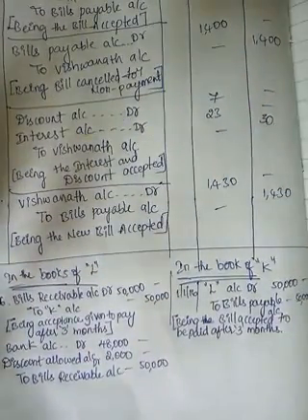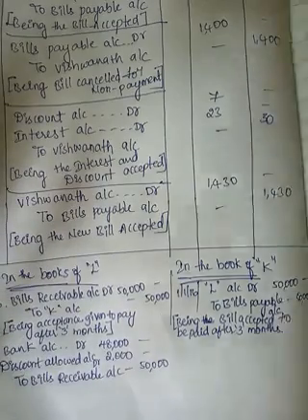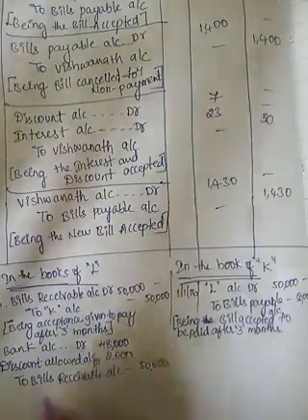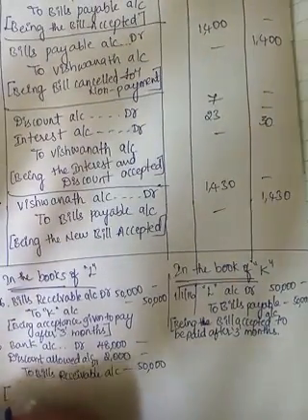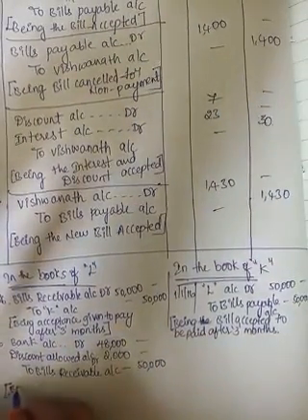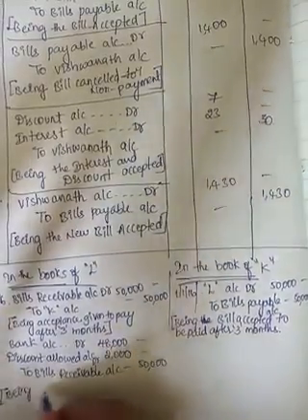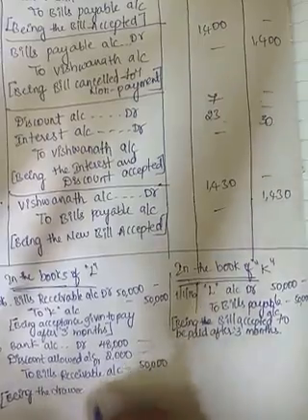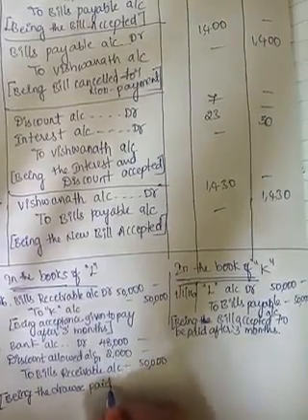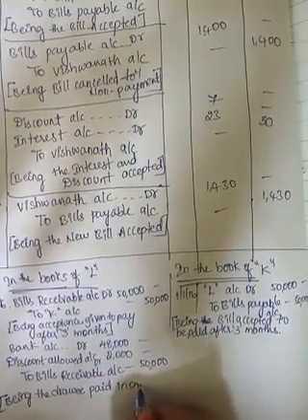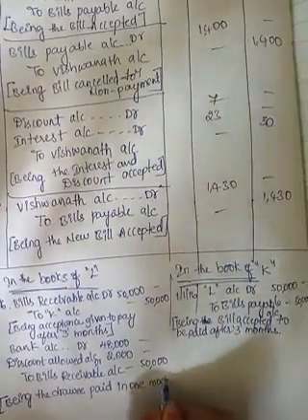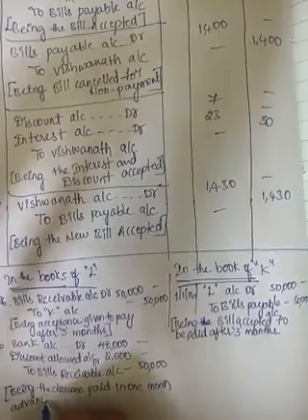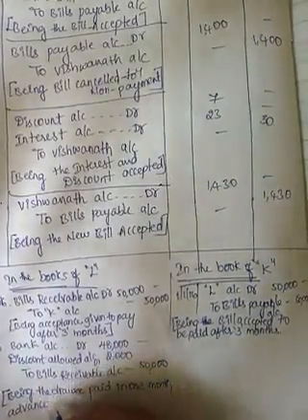Debit side 50,000, credit side 50,000. Narration is being the drawee paid one month in advance and discount allowed.